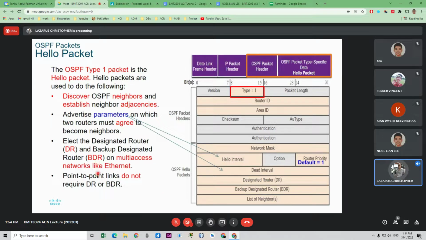Why do we have DR and BDR? Multi-access means you have more than two routers. Then you want to reduce bandwidth. You don't want every router connecting to every router and sending all this information out. We prevent the full mesh connectivity. Instead we have the DR, the single router, which sends full information to all the routers.